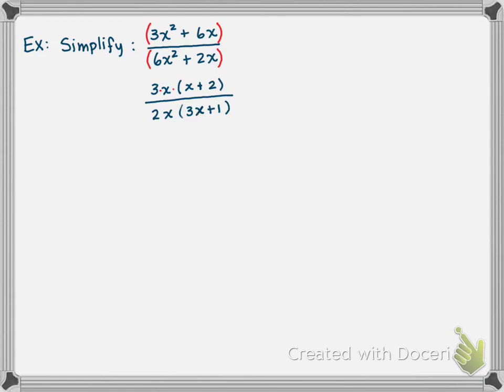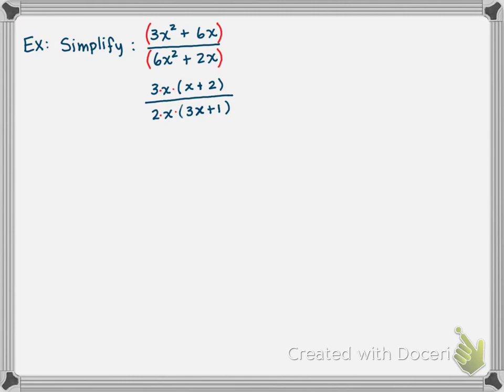So the 3 things being multiplied to make up the numerator are 3, x, and x plus 2. The only things we can cancel are if there's the exact same factor in the denominator. So the denominator also has 3 factors. It's got a factor of 2 times a factor of x times a factor of 3x plus 1. And sometimes putting those dots in helps.